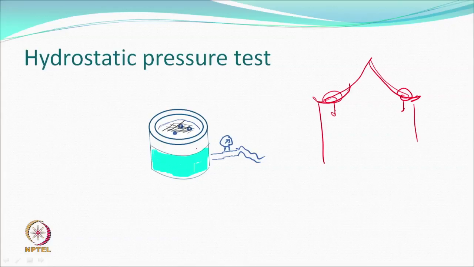So, one of these tests has two pieces: one at the bottom can be filled with water, and then there is another piece which can be unscrewed and can come out.